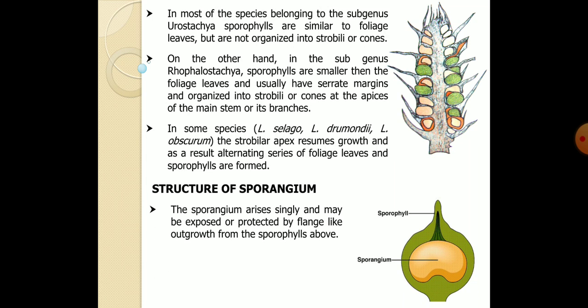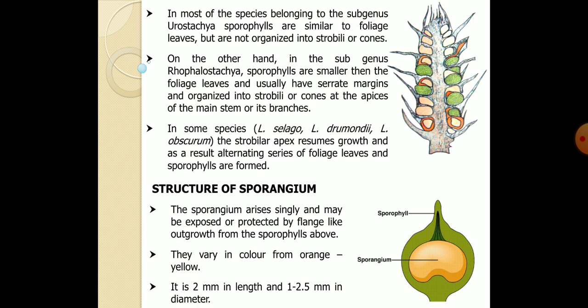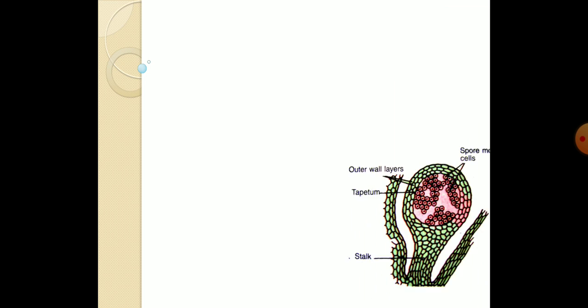Coming to the structure, the sporophyll bears a single sporangium, which may be protected by a fringe-like outer growth. They are usually orange in color, and the size varies; it may be 2 to 2.5 millimeters in diameter.